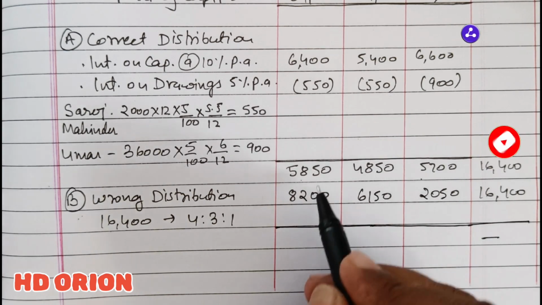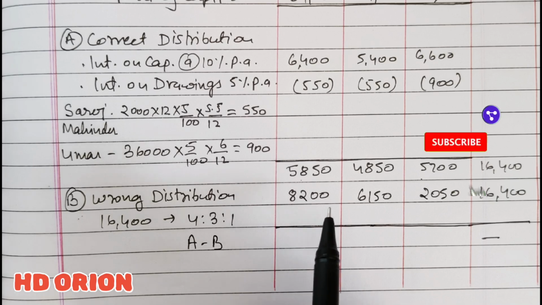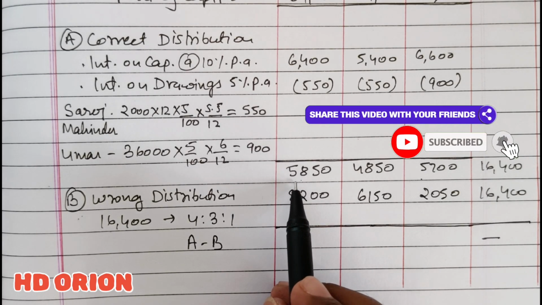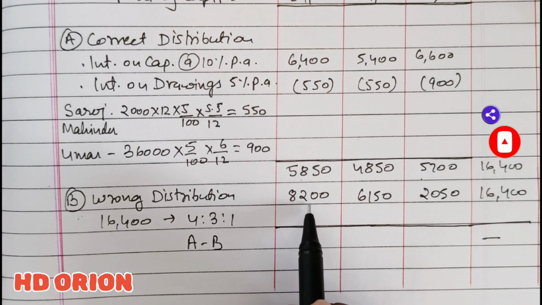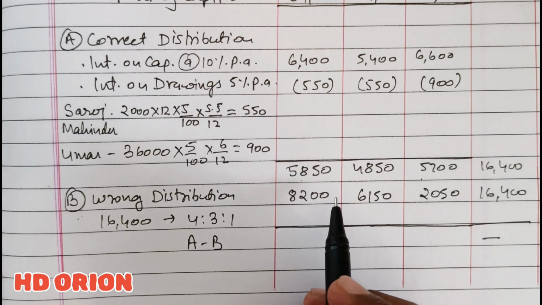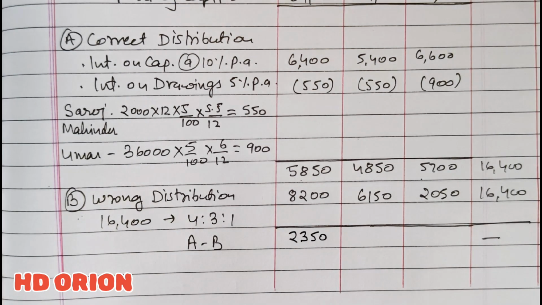Now when you compare these two, A minus B, you get: Saroj was supposed to receive 5850 and by mistake 8,200 is given to Saroj. So it is 2350 and this amount is in negative, so capital account is to be reduced by debiting it.